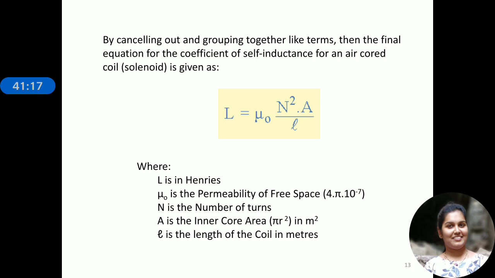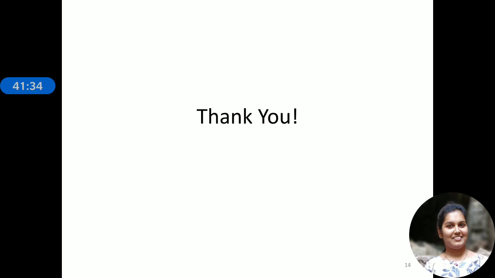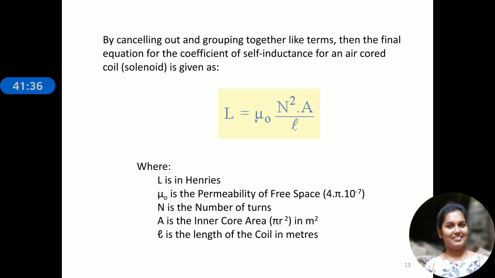Otherwise, if any of these parameters vary, two inductors will show two different values. So within an inductor, we can increase or decrease the inductance value just by changing its physical parameters. Okay, so with this we'll conclude the session for today.